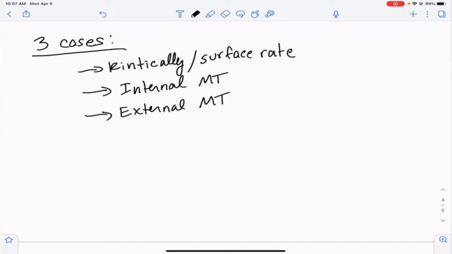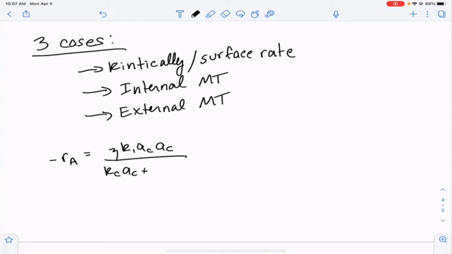And what happens to our expression that we had above, where minus RA is equal to our effectiveness factor times K1 times KC CA over KC times CA plus K1 times the effectiveness factor, for each one of these cases? So we're going to call this case 1, case 2, and case 3.